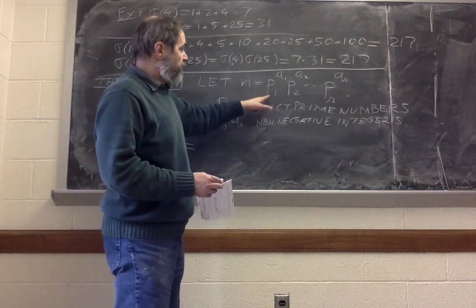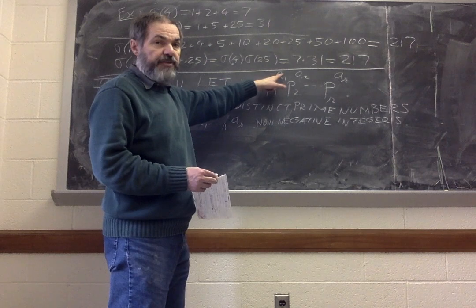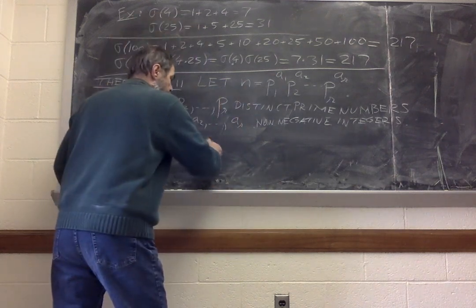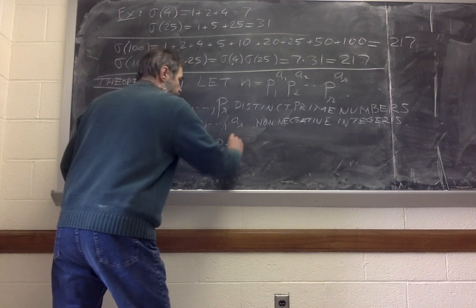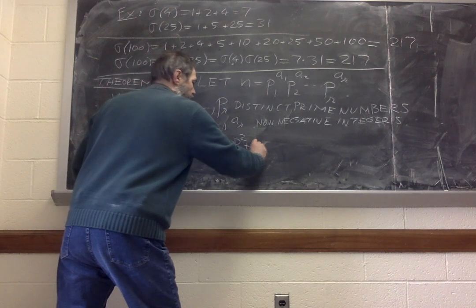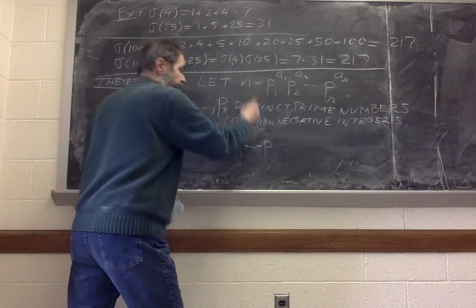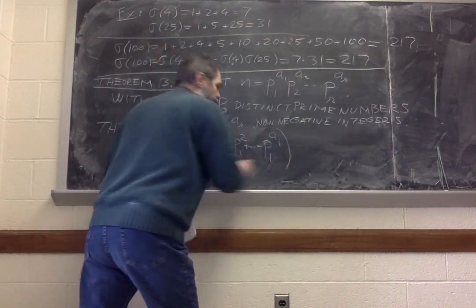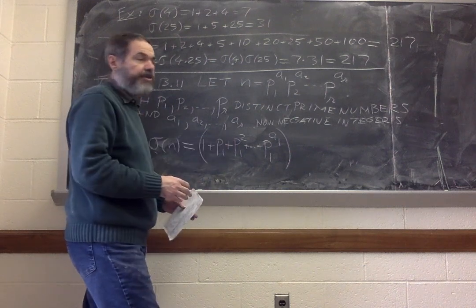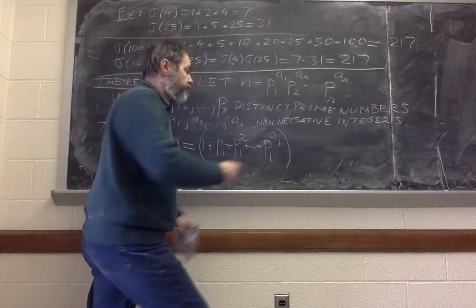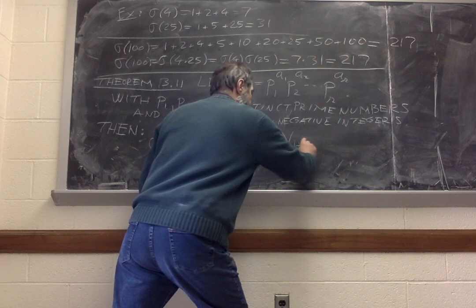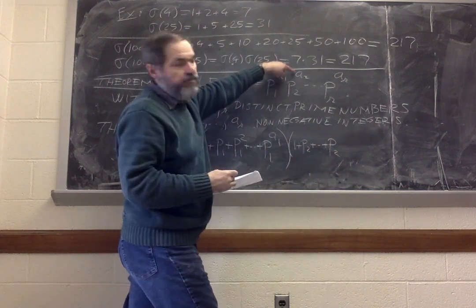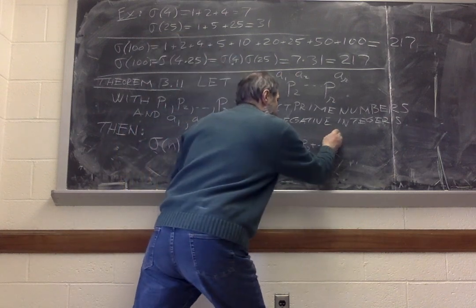I take the powers of P1 up to that, and I add all these numbers, starting with 1: 1 plus P1 plus P1 squared, and so on, up to the largest power that I see here, P1 to the A1, times exactly the same expression for P2: 1 plus P2 plus, and so on, P2 up to that exponent, A2.